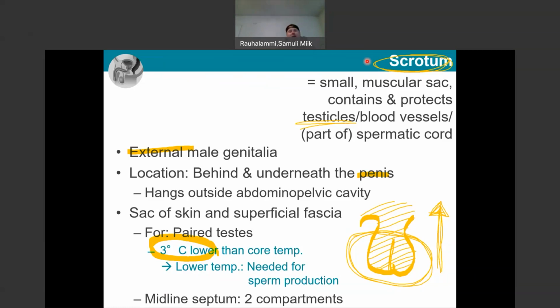The reason for this is that sperm to develop optimally needs a little bit cooler temperature than our body temperature. So by having the scrotum, having the testis slightly outside the body, we're able to provide that. The scrotum is divided into two compartments, one side for each testis.